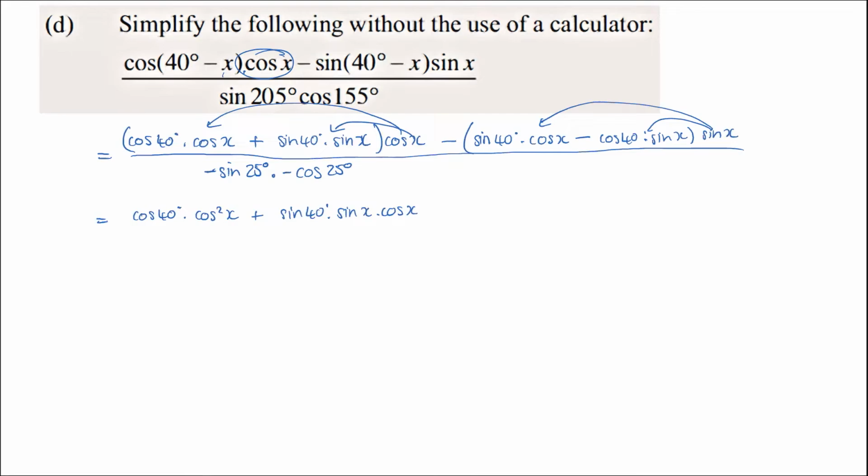Alright, here we're going to bring this in. Remember, we've got this negative in front. So when we multiply, we're going to have negative sine 40 degrees cos x sine x. And now if we've got this negative in the front of the bracket and a negative here, and we're going to multiply in here, we're going to have the positive cos 40 times sine squared x.